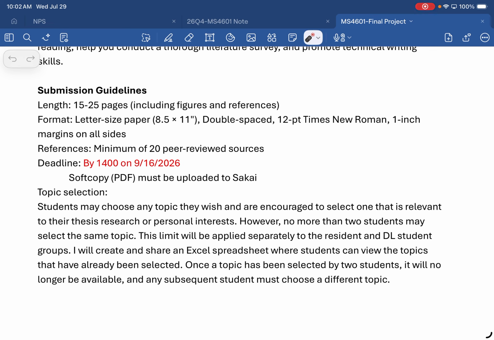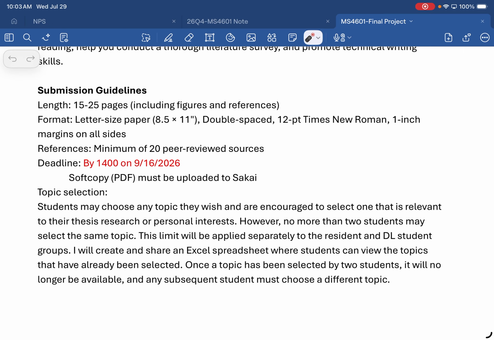Based on my previous experience, many students find one topic interesting, and then multiple students choose the same topic, even within the class. So just to make it more diverse, I'm going to limit it so that only 2 students can choose the same topic.